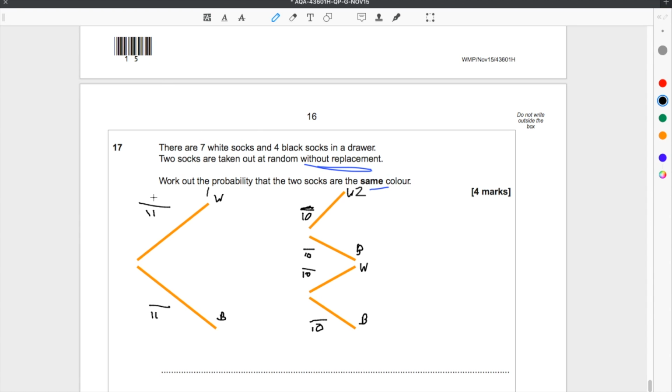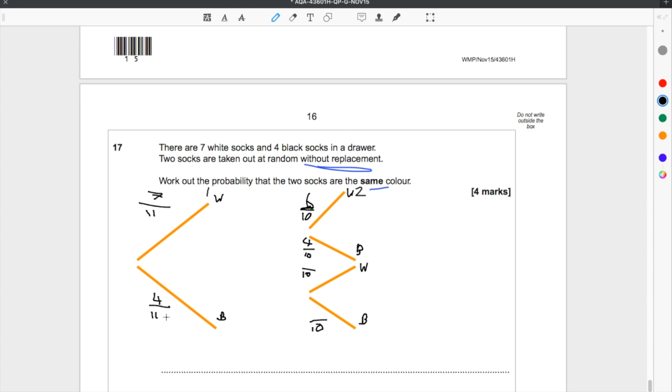So there are 7 white socks, there are 4 black socks. And if we take a white sock in our first go, then there's only 6 left because there was 7 originally. So now there's 6, and again it's out of 10 now. If we take a white sock on our first go, there's still the same number of black socks, which is 4.